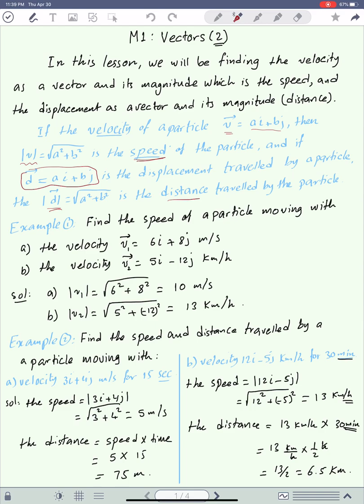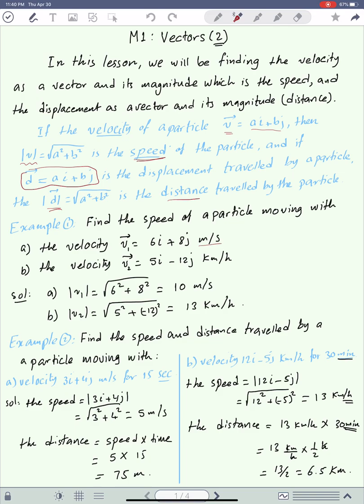Let's do an example to explain what we mean by this. Let's apply it. Find the speed of the particle moving with, first part A, the velocity v1 equal to 6i plus 8j meter per second. The velocity v2, 5i minus 12j kilometer per hour.